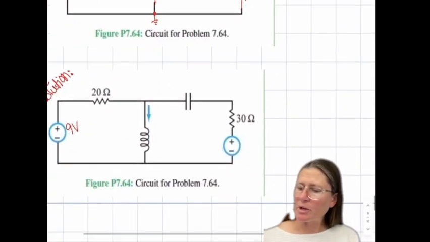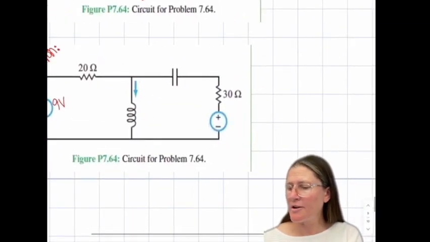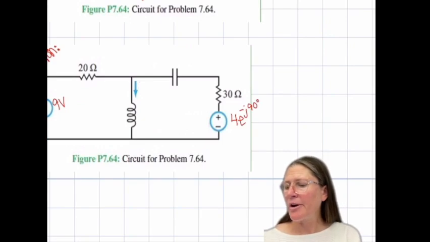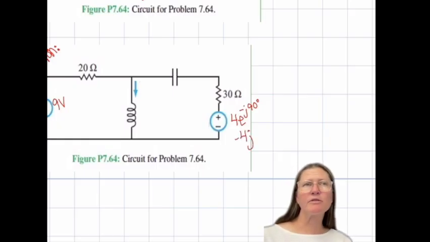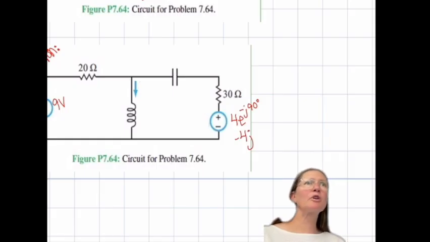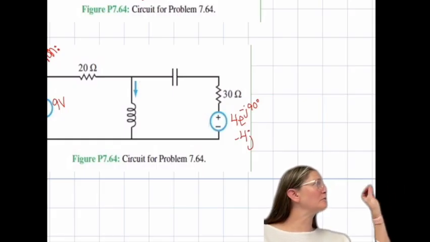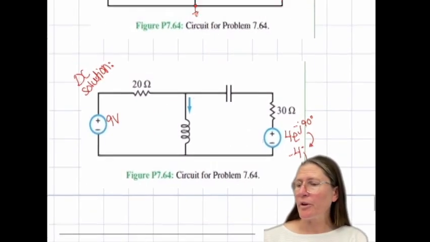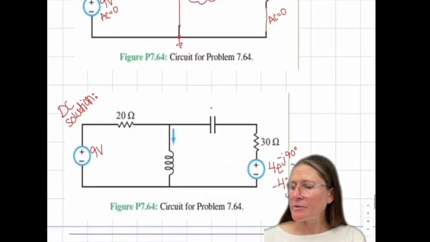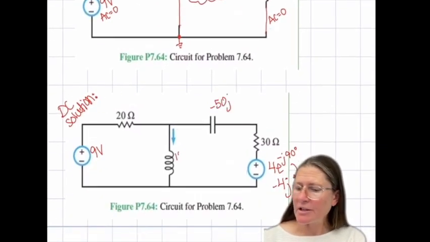So this is going to be 4 e to the j minus 90, which can also be written in j form as minus 4j. So if you convert the 4 e to the minus j90 into rectangular, that's a minus 4j. This was minus 50 and 10.